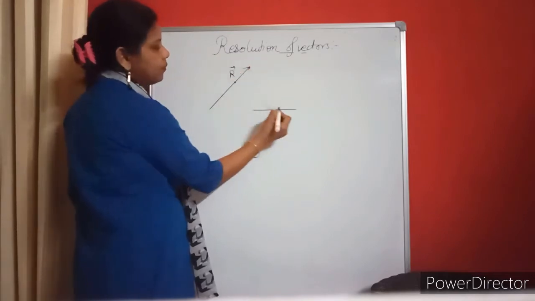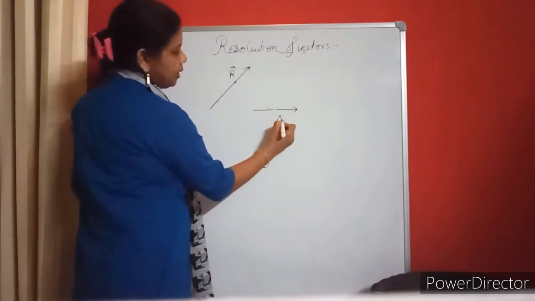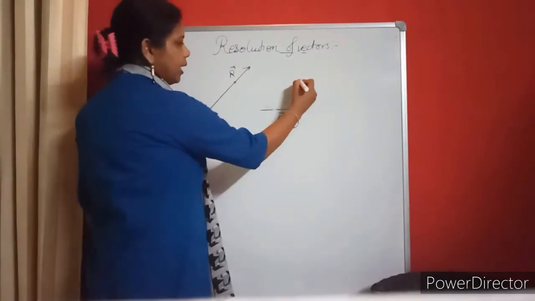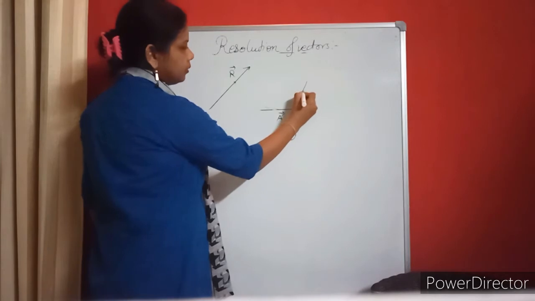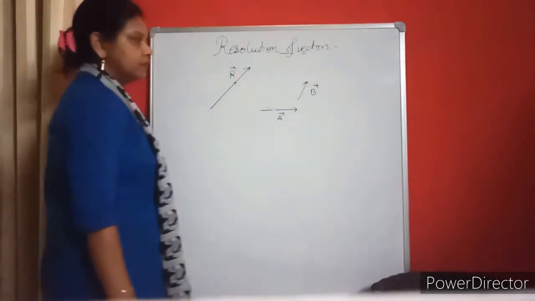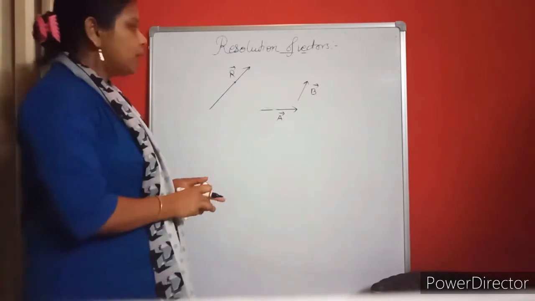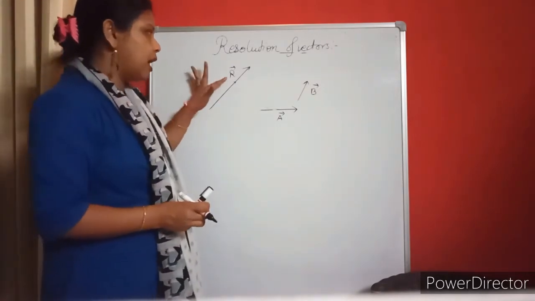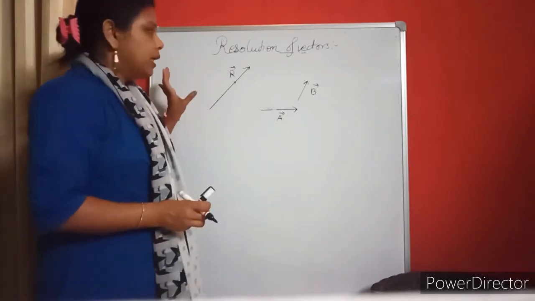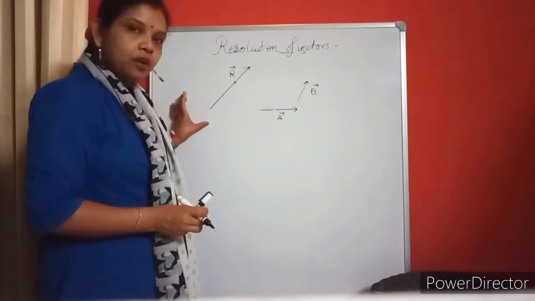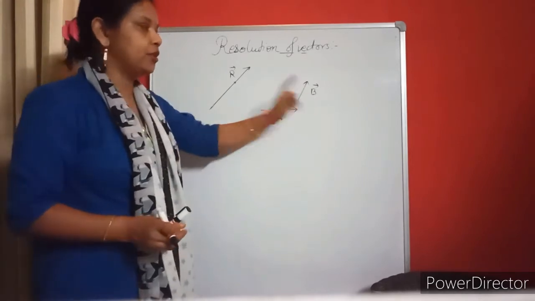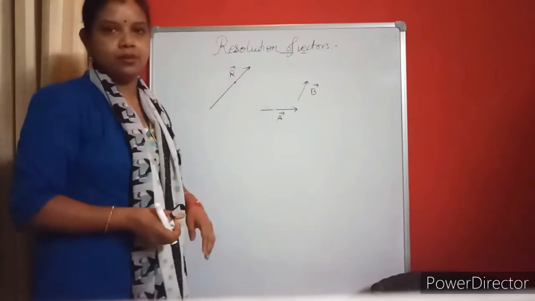We will resolve this vector into component A and another component B. This vector R is my original, given vector. I want to resolve, or split, it in the direction of A and in the direction of B. That is the resolution of a vector.